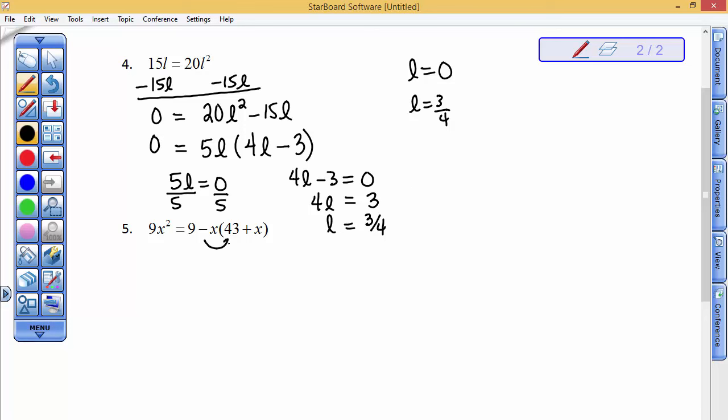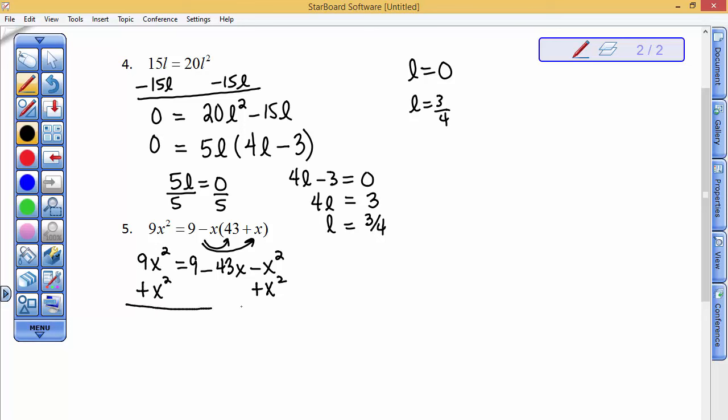Here I'm going to distribute the minus x times the 43, so that'll be minus 43x, and the minus x times the x, so that'll be a minus x squared. You know, sometimes I like my x squared terms to be positive, so I think I'm going to add x squared to both sides. Let's just do that first.